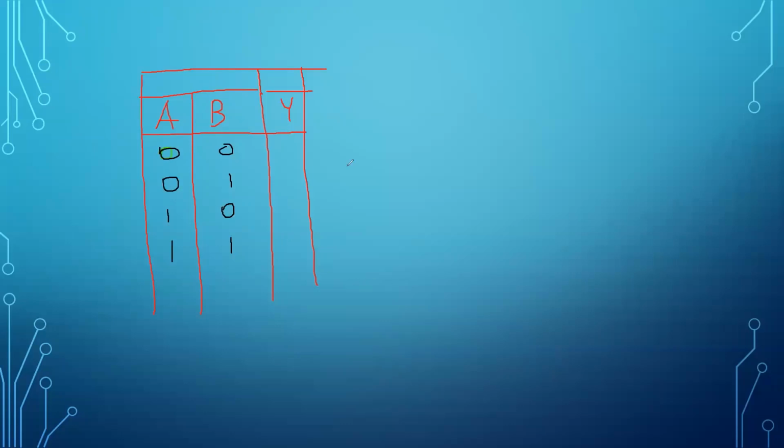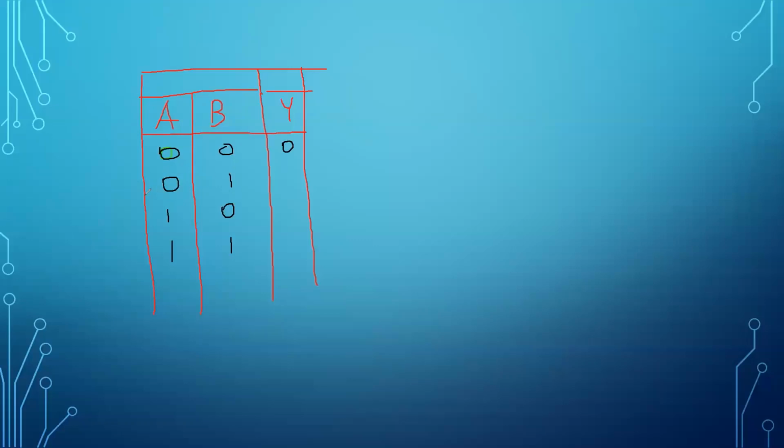So now we are going to add these. The first one is 0 plus 0 is equal to 0, and the next one is 0, 1.